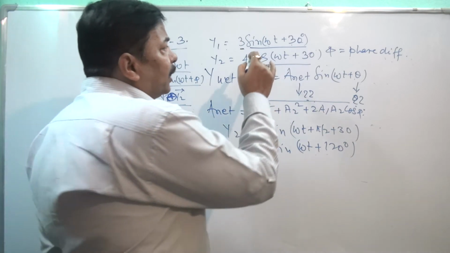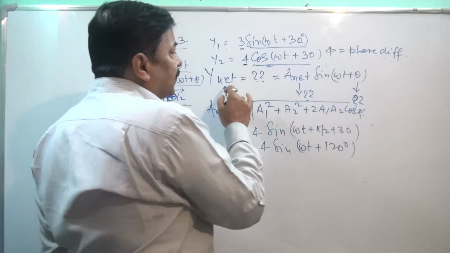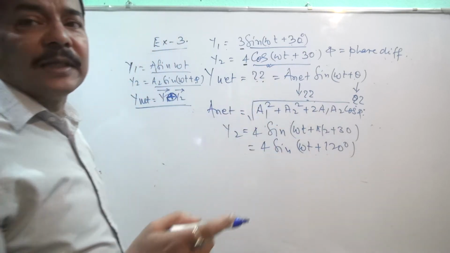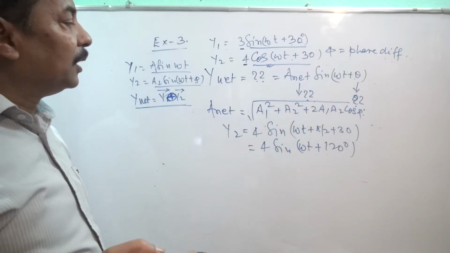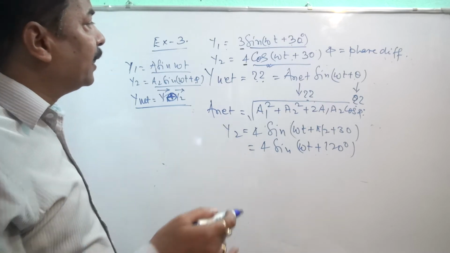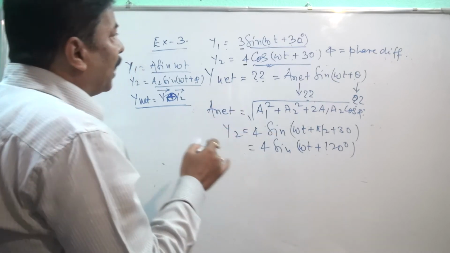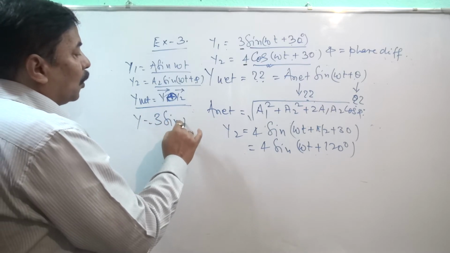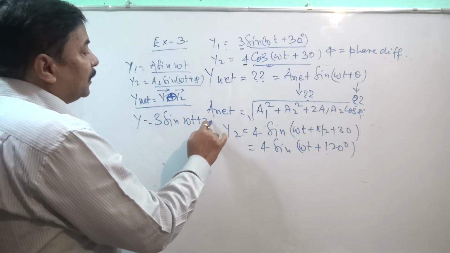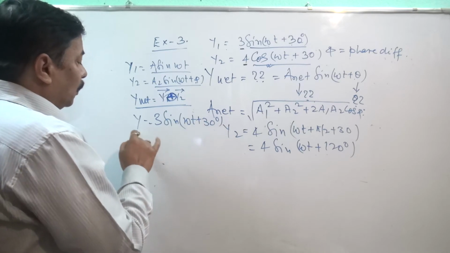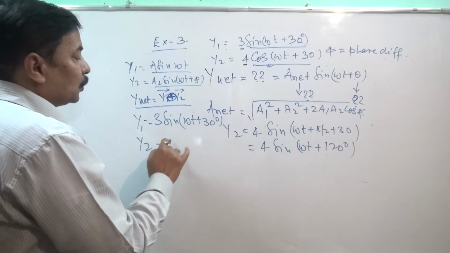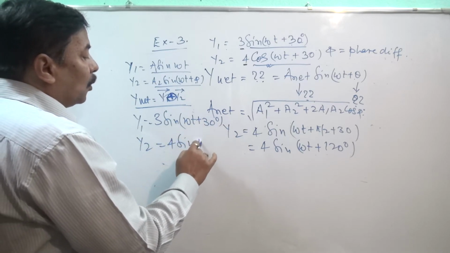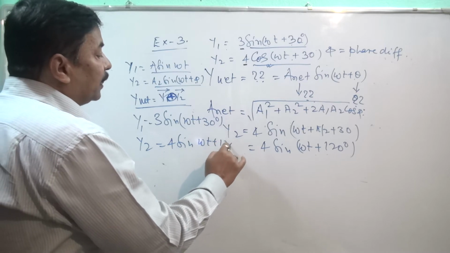Keeping that fact in mind, now it has come to our format that y1 is equal to 3 sine omega t plus 30, and y2 is equal to 4 sine omega t plus 120 degree.